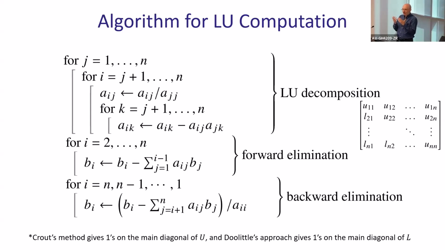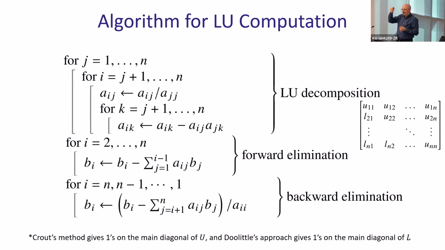You don't need any additional memory to store any of the data because your new X, which is the computed solution of the system of equations, will be stored in vector B that you provide in the first place.